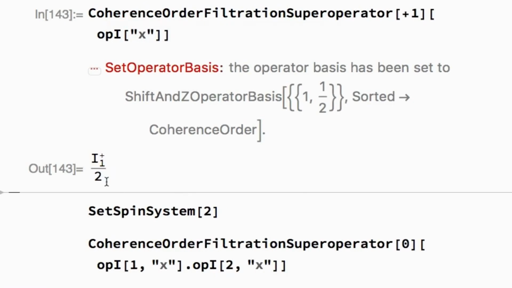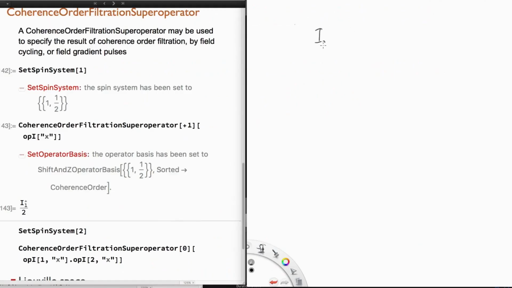Why is that? So Ix can be written as a half I plus plus I minus. So Ix contains a +1 quantum part and a -1 quantum part. If we're only interested in the +1 quantum part, we have to just select this component of it. And in this case, it's rather easy to do that.